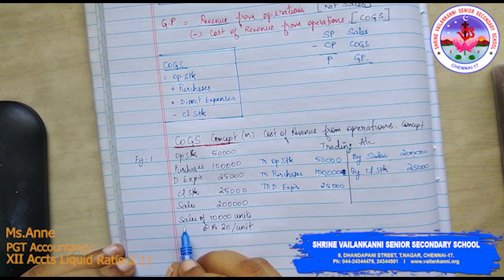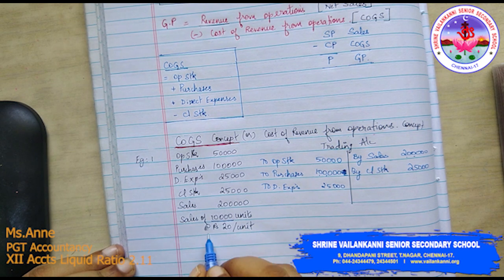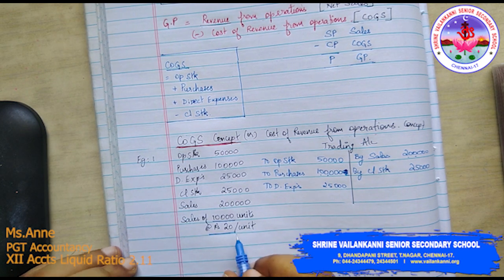There is one more information given, 10,000 units sold at 20 per unit.